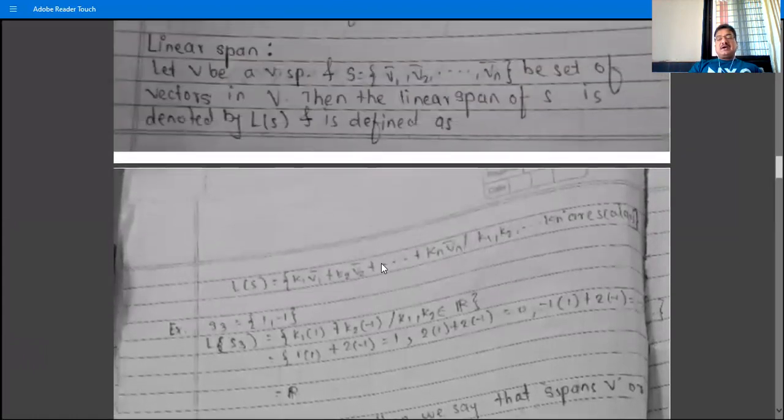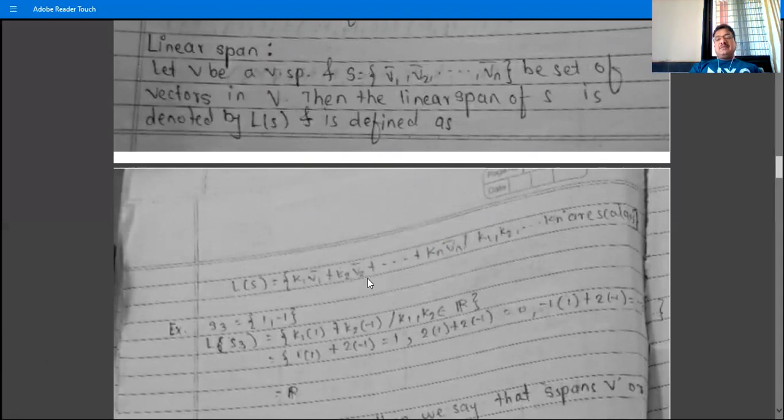Then L(S) is the set of all linear combinations, and obviously k1v1 + k2v2 + ... + knvn belongs to V for all k1, k2, ..., kn, because V is a vector space, and therefore V is closed for addition and closed for scalar multiplication. So v1 is an element of V, so k1v1 is an element of V. v2 is an element of V, so for any scalar k2, k2v2 belongs to V. In this way, knvn belongs to V because vn is an element of V, and therefore for any scalar kn, knvn belongs to V.